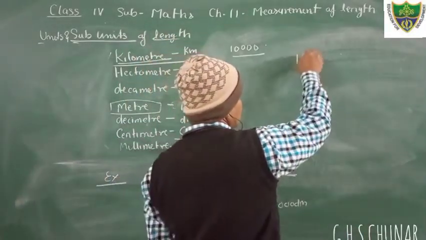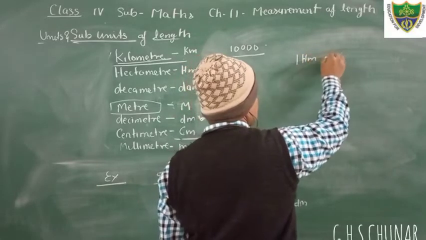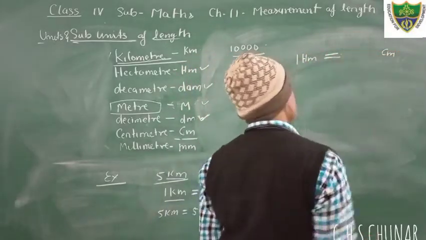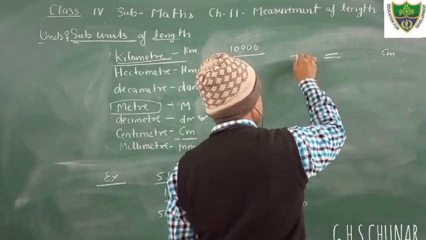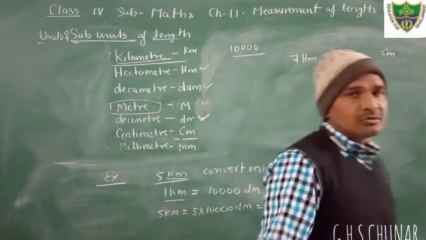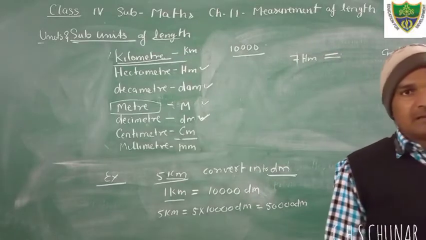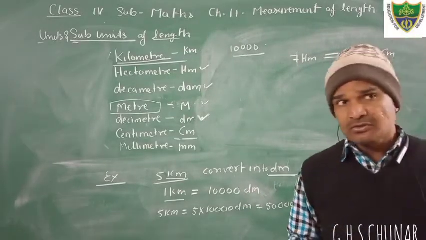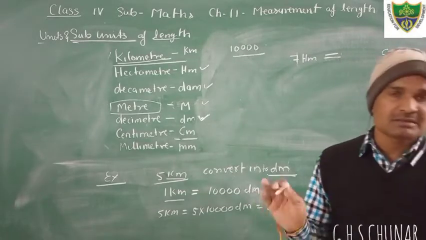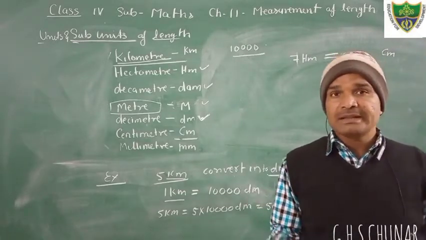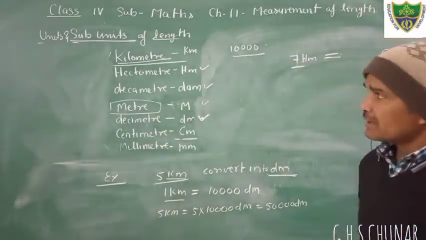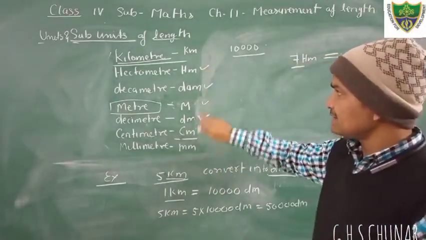Next, we take the next. What is it? 1 hectometer convert in the centimeter, or you can say 7 hectometer. To convert a hectometer into centimeter, hectometer is the larger unit and centimeter is the smaller unit. So to convert a larger unit into the smaller unit, we will multiply the number with their relation. Now what is the relation between hectometer and centimeter?